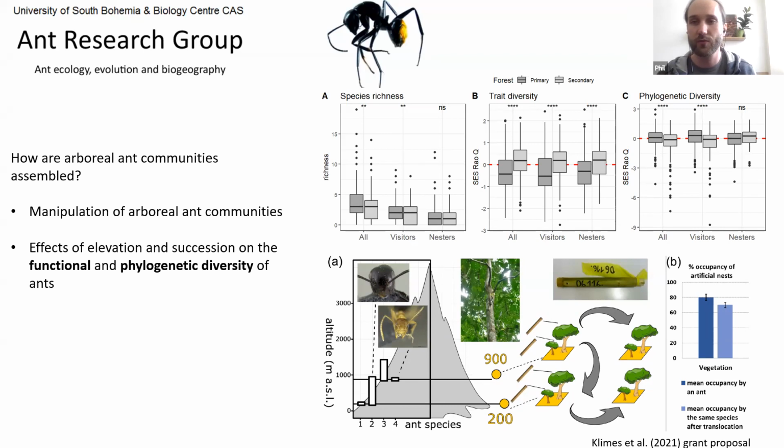The idea is also to get more of an idea how succession affects the functional and phylogenetic diversity, especially of arboreal ants. We plan to have a really big manipulative experiment with small bamboo nests, and we want to move ants from a high elevation place to a lower elevation place to simulate the effects of climate change and so on.